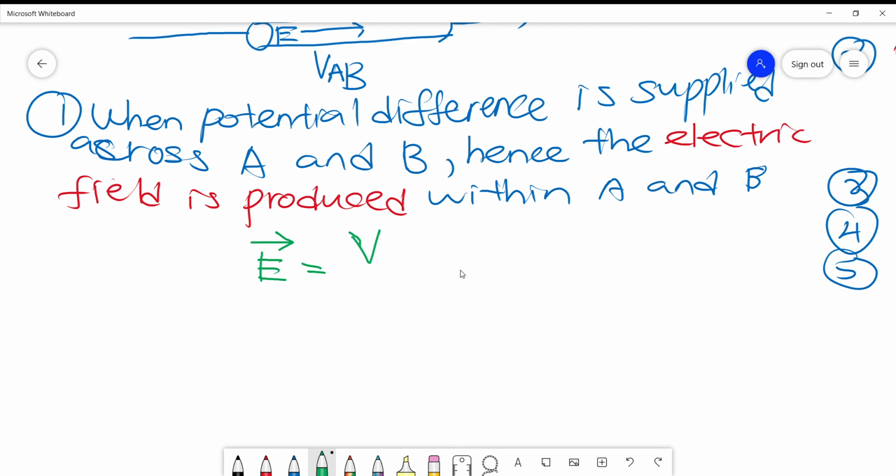This case is not the plates of a capacitor, this case is the wire from A to B. So I denote this as V_AB divided by the separation of the two points, which in this case is the length of the wire, L_AB. Alright, so this is the first statement.